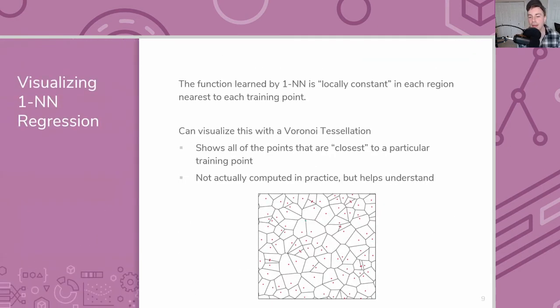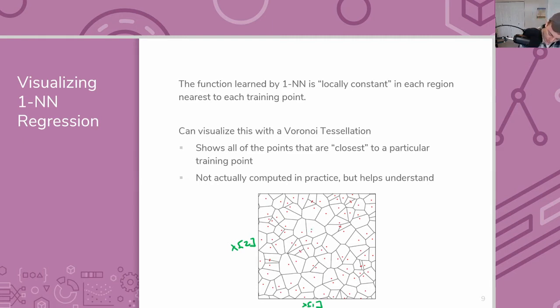Now, what this ends up doing, if you imagine this in higher dimensions, where you have maybe two features, is learning functions that we might call locally constant, meaning each region where the nearest neighbors are the same, all of the outputs will be the same output. It doesn't change until we move to a new nearest neighbor. If we had two features, say x1, x2, you could imagine trying to form these regions of here are all the points that are closest to this one.